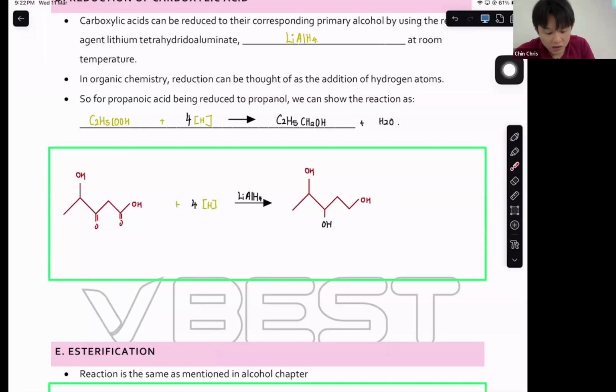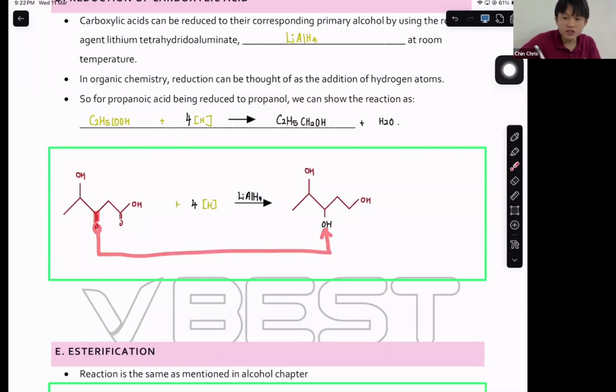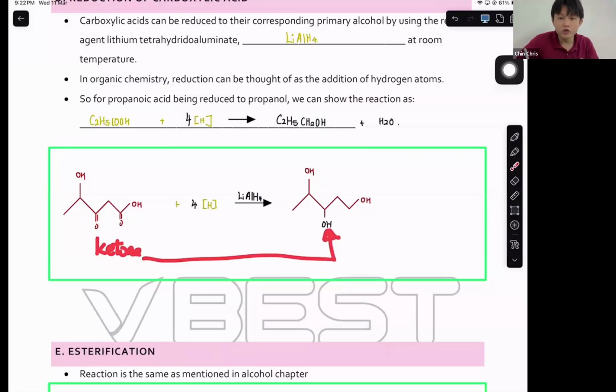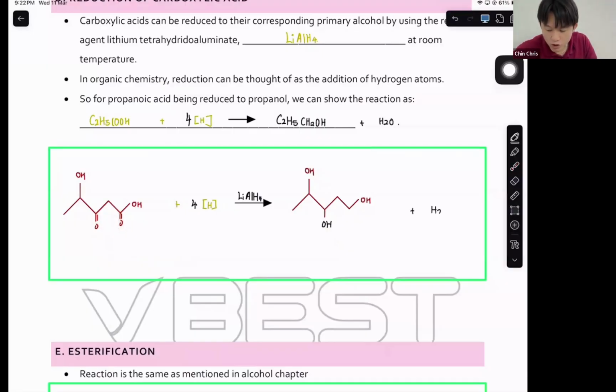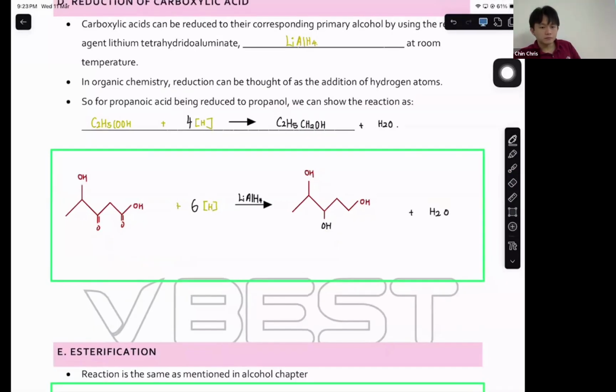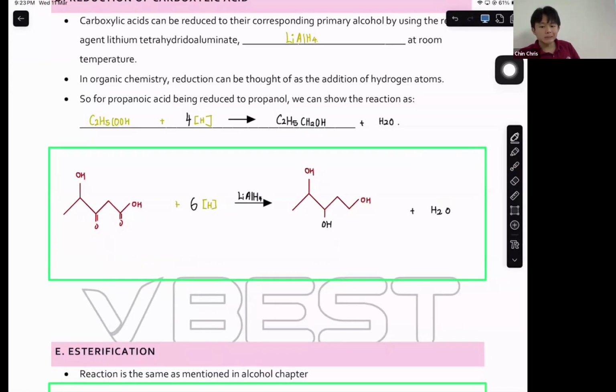What happens to the other double bond O? It gets reduced also because this is a ketone, right? Ketone can be reduced, and this one is gone completely. Oh, my bad, it's going to turn into H2O. So 6H2, yeah, you're right. I'm missing out a H2O.